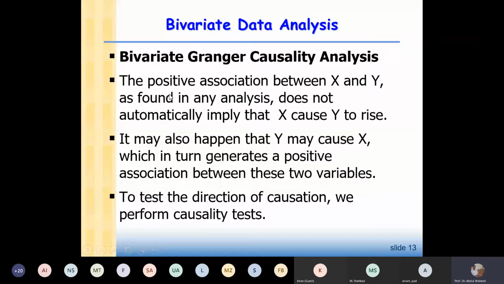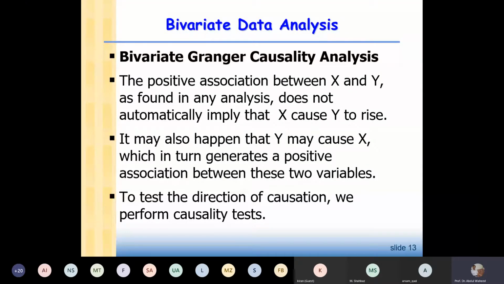When we are using a simple regression model, we say Y is the dependent variable and X is the independent variable, X on the right hand side of the equation and Y on the left hand side.